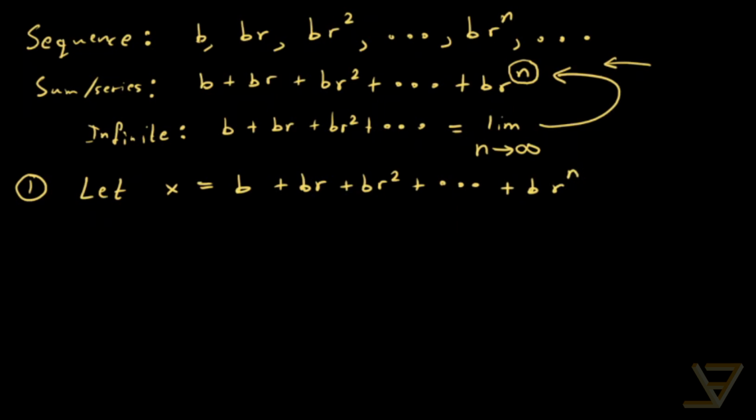And what we want is something that's a little different but has a lot in common with x. So we do x times r, and that gives us br plus br squared all the way through to br to the n plus br to the n plus 1. And then we'll subtract the two.